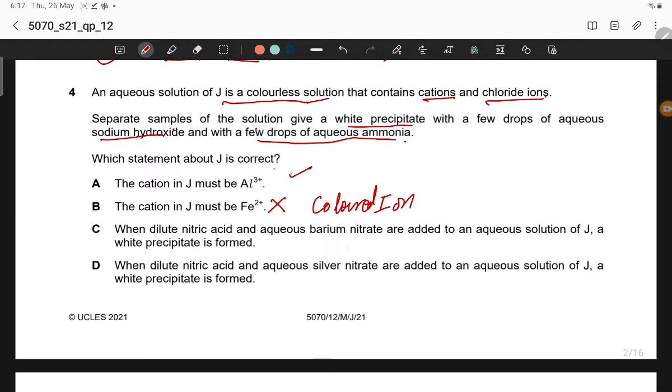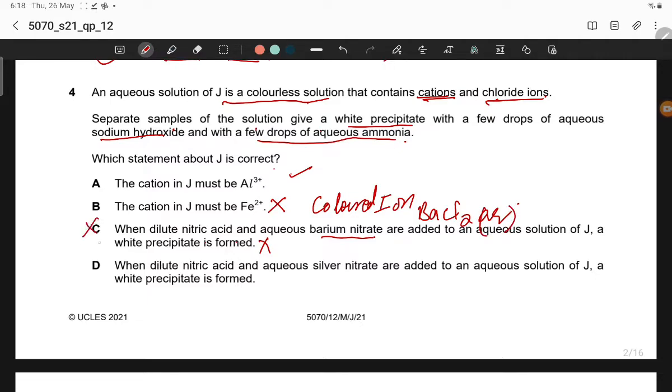When dilute nitric acid and aqueous barium nitrate are added to an aqueous solution of J, a white precipitate is formed. This is not correct, because in the solution there are chloride ions and one cation, and barium nitrate, when it reacts with chloride ion, forms barium chloride aqueous solution, so not a white precipitate.